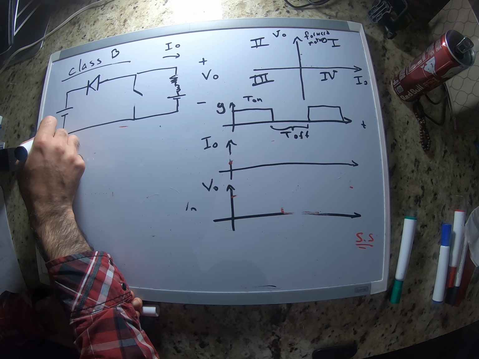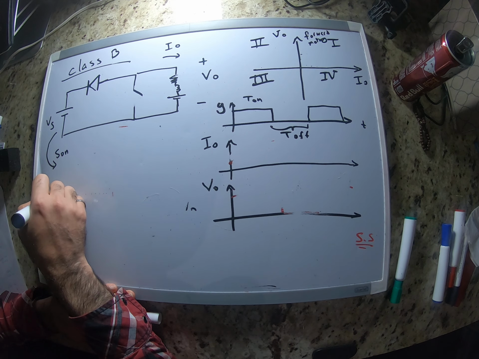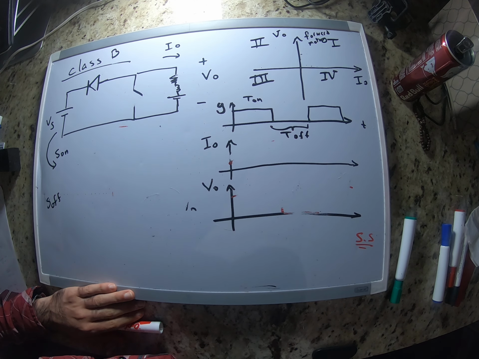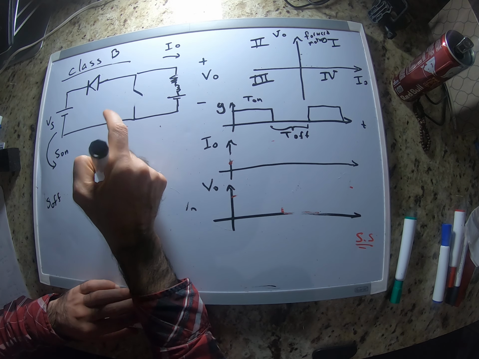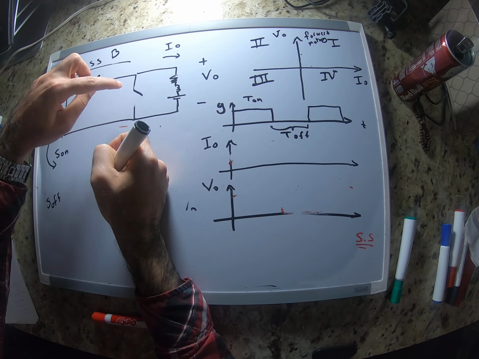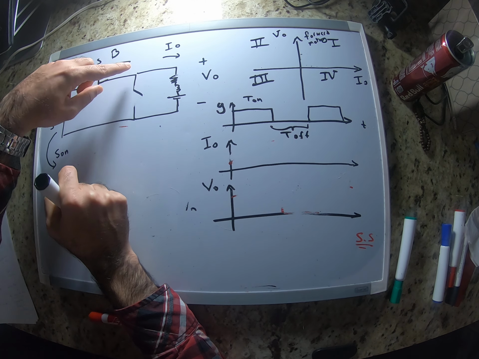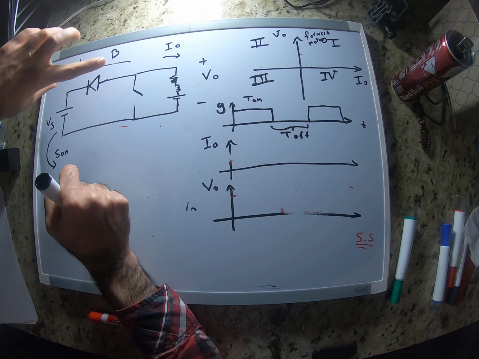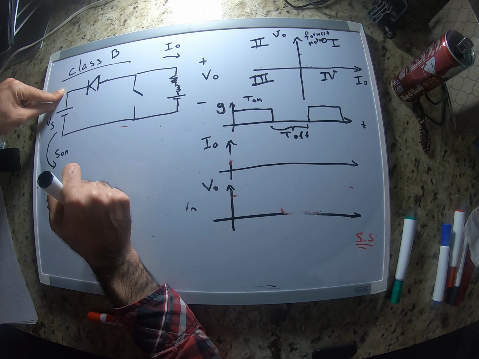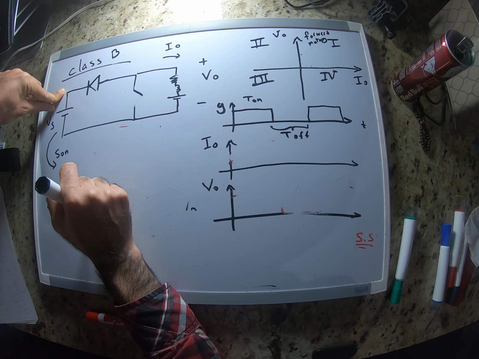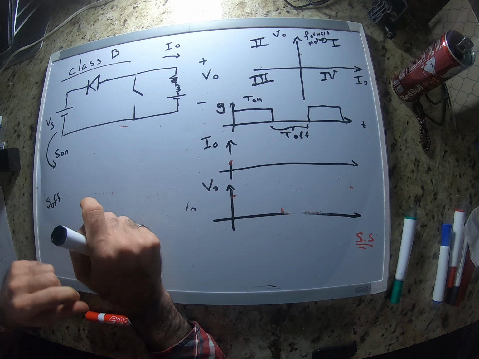Again, let's see what happens when switch is on and when switch is off. When switch is on, if you assume that this point is grounded, this is gonna be 0, so this diode is gonna be reverse biased, where you can see that this point would be connected to the positive terminal, this point is gonna be connected to negative terminal, so this will be reverse biased.